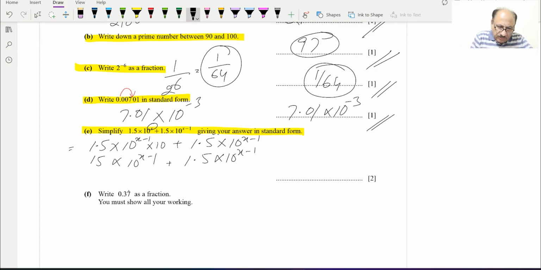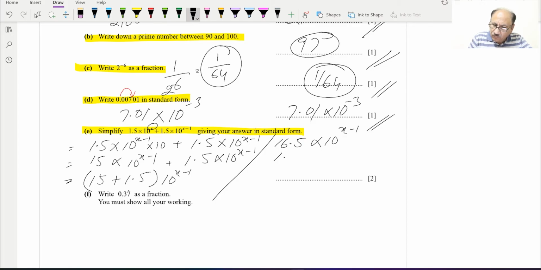We can take 10 raised to the power x minus 1 common, so inside will be 15 plus 1.5, times 10 raised to the power x minus 1, and we can write it as 16.5 times 10 raised to the power x minus 1, and we can write it as 1.65 times 10 times 10 raised to the power x minus 1.